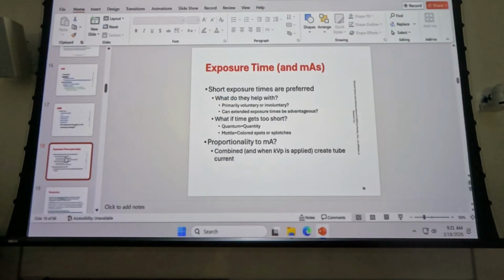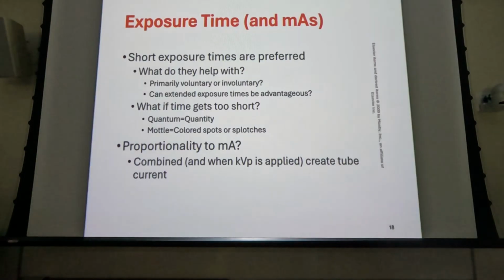Once we make the exposure, we press the exposure button, and then we finally get radiation creation. The electrons jump from cathode to anode for the time that we have set, right? So then we have mass, and then there's the exposure time by itself. Most of the time we want short exposure times, but there are times that we want what we refer to as autotomo.